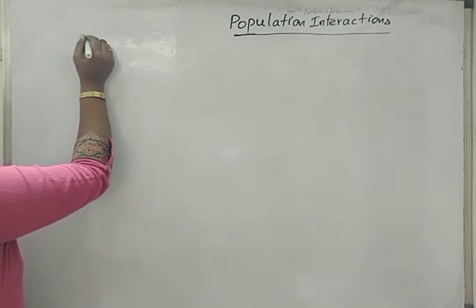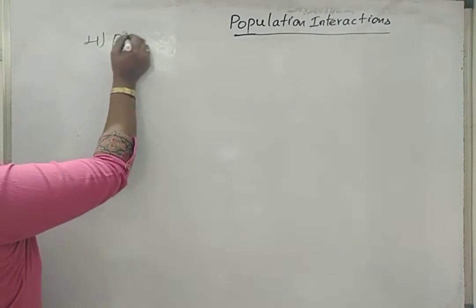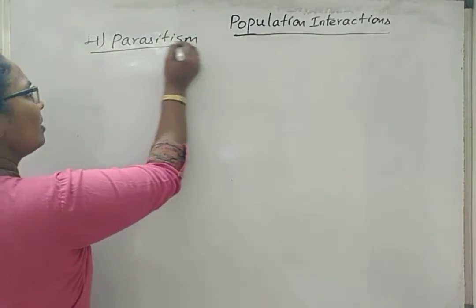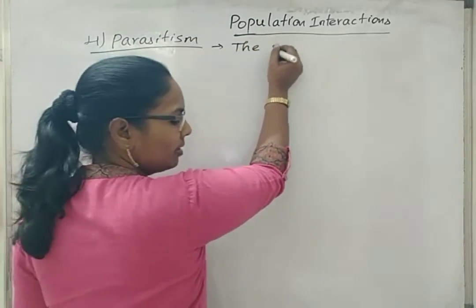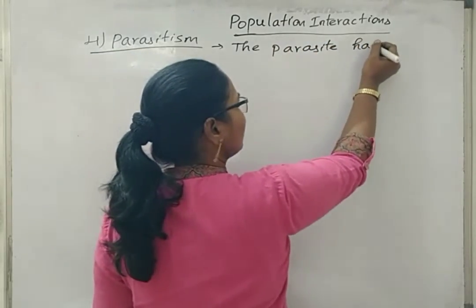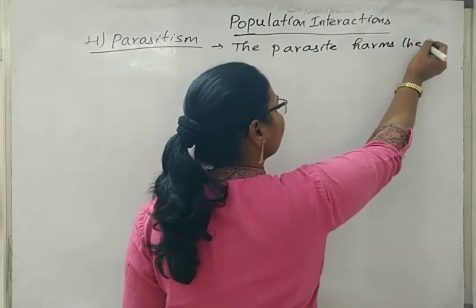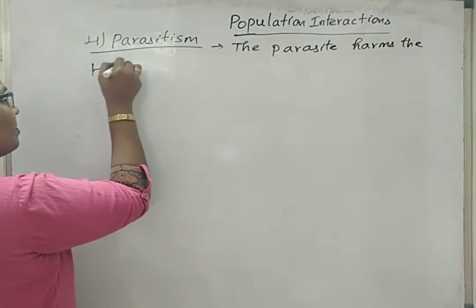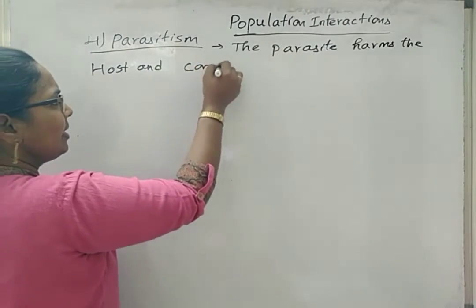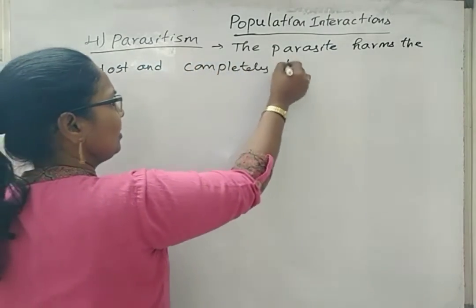Next type of population interaction is parasitism. Here, the parasite harms the host and completely depends on the host.